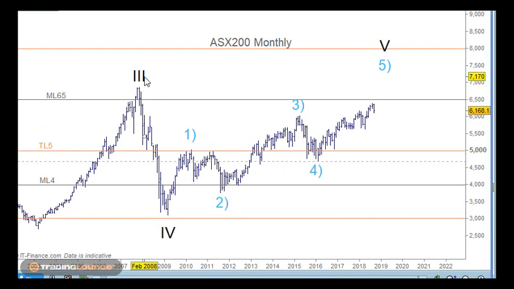So that tells me that because the FTSE's taken out its previous high, but also at the same time overlapped wave 1 and 4 here, then there is hope for this market. The question is, from wave 4 here going up to wave 5 here, it can count as already being completed here.